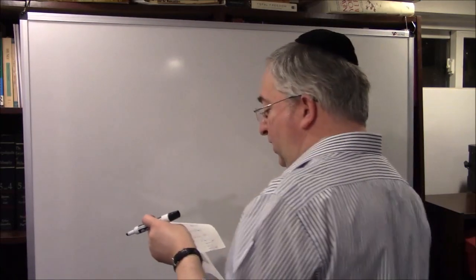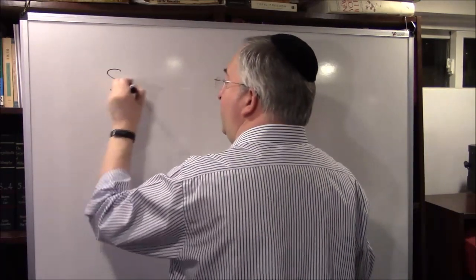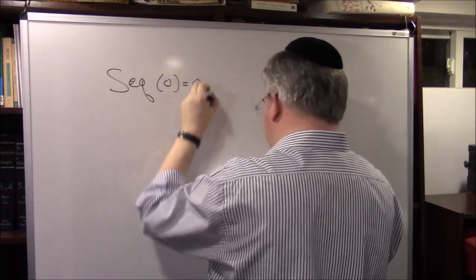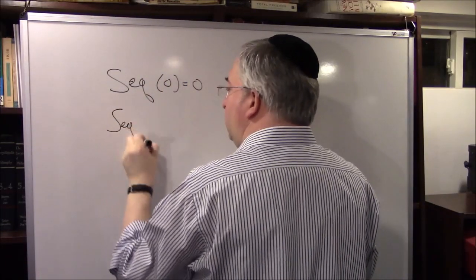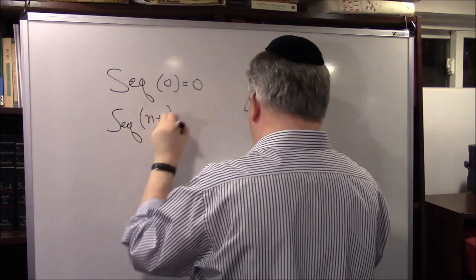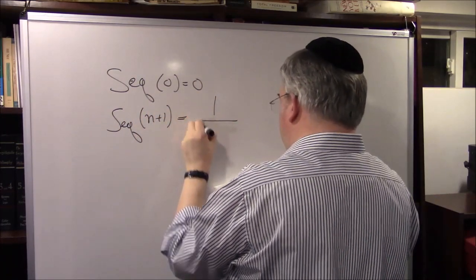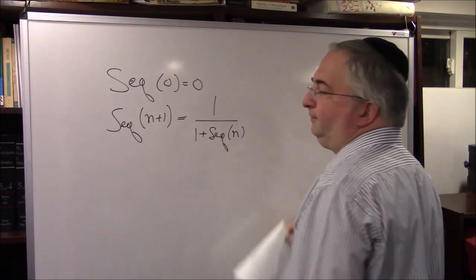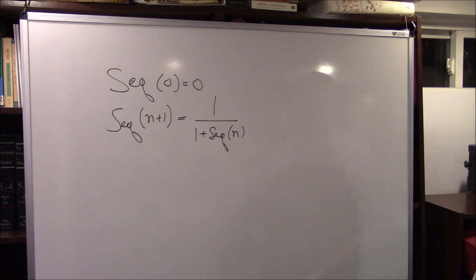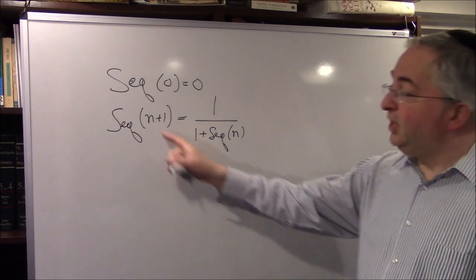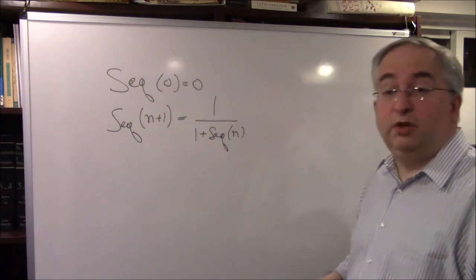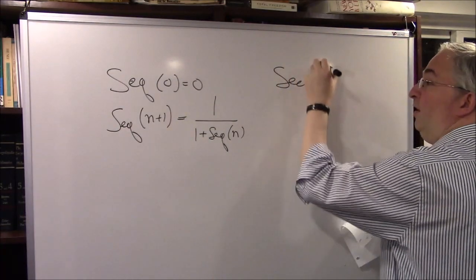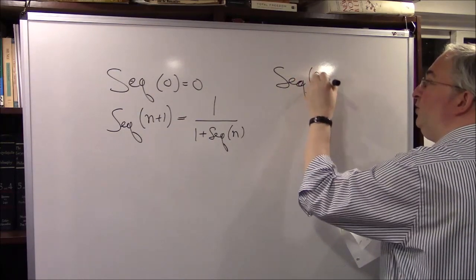Here's another interesting definition. SEQ, sequence 0 is equal to 0. Sequence of n plus 1 is equal to 1 over 1 plus sequence of n. What the hell is that? Okay, anyways, the n plus 1 thing is determined in terms of the nth thing. That's fine. Well, let's figure out what sequence of 3 is.